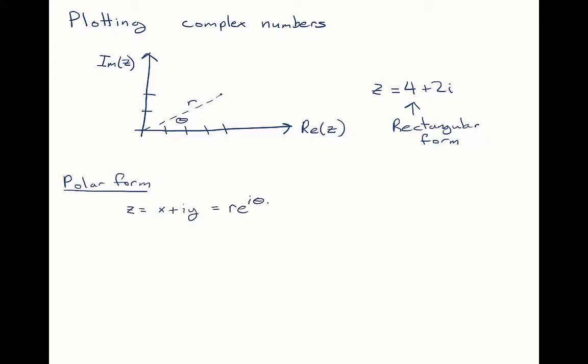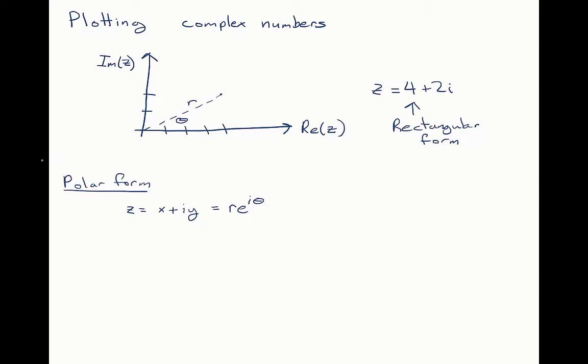So the way that you write this is instead of writing x plus iy, you write the modulus times e to the i times the phase angle. And sometimes I'll just call this the magnitude, and sometimes I just call this the angle, but it's the modulus and the phase. And remember, this is just like vectors.